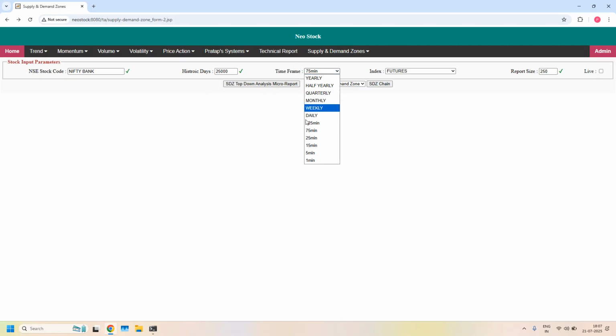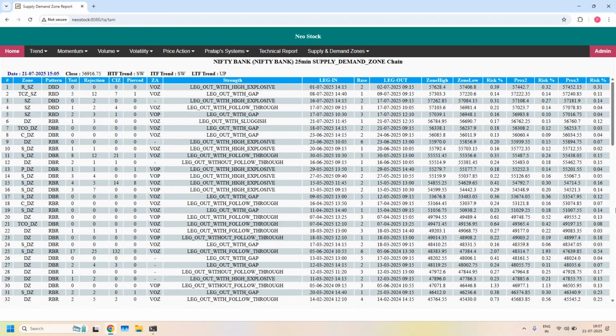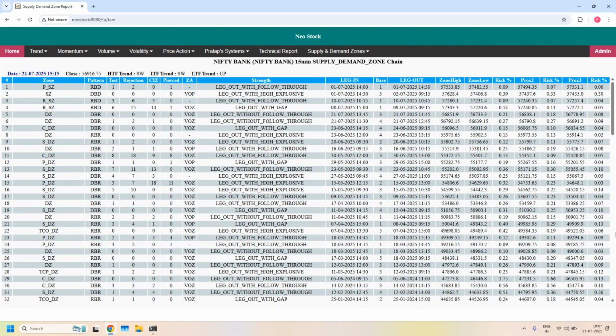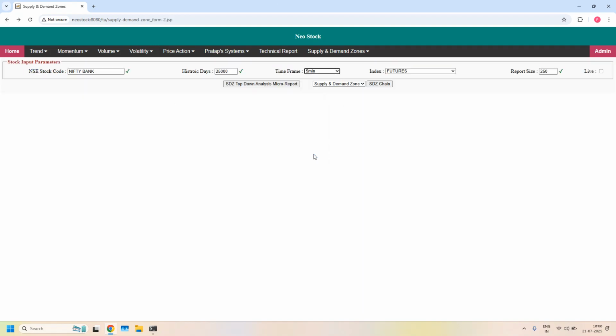Next, I am generating 25 minutes supply demand zone chain for Bank Nifty. Next, I am generating 15 minutes supply demand zone chain for Bank Nifty. Next, I am generating 5 minutes supply demand zone chain for Bank Nifty.